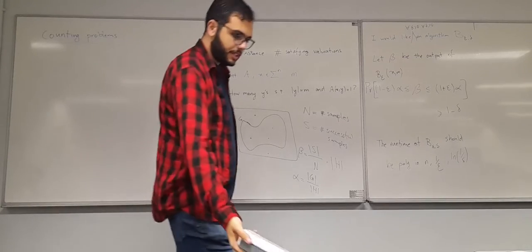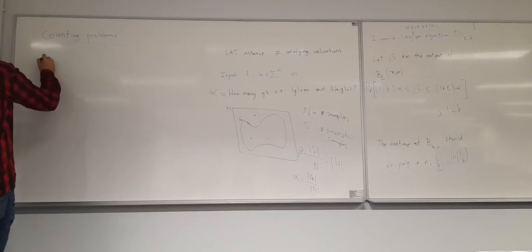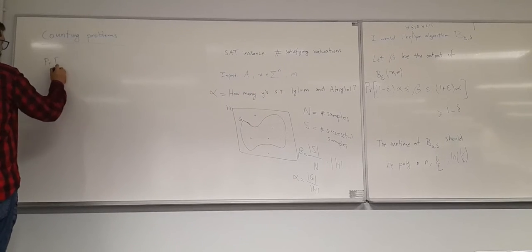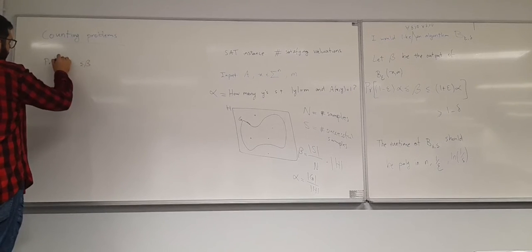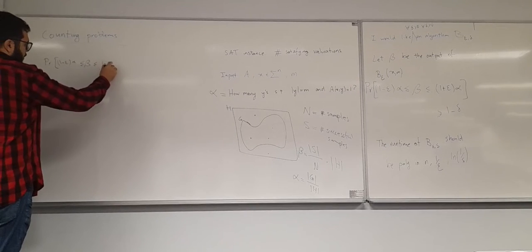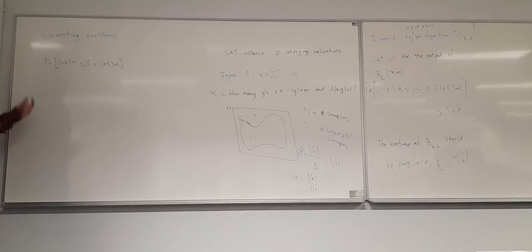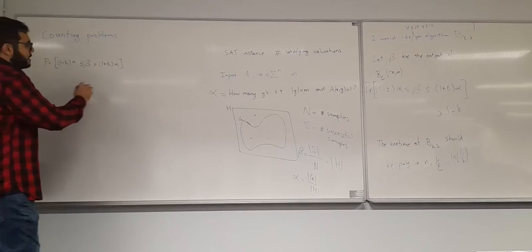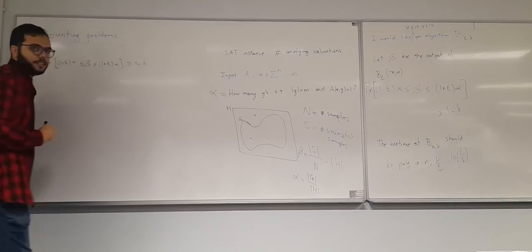I want to know the probability that beta is between 1 minus epsilon alpha and 1 plus epsilon alpha. And I want to make sure that this probability is at least 1 minus delta.